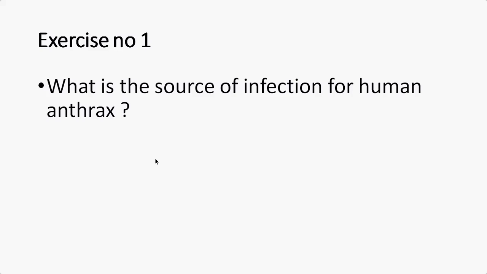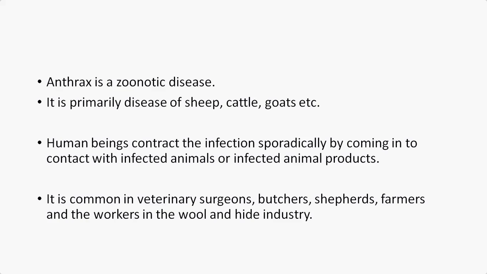Exercise number 1: what is the source of infection for human anthrax? Human anthrax is a zoonotic disease. Most of what we have seen today are zoonotic diseases, so there may be a long question: enumerate the zoonotic diseases, and then some, such as Bacillus anthracis or Brucella, may be asked with lab diagnosis and all details.